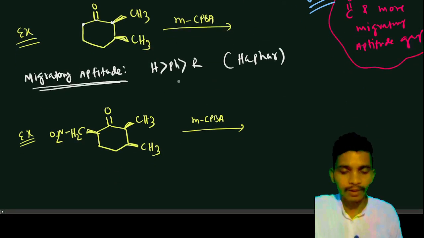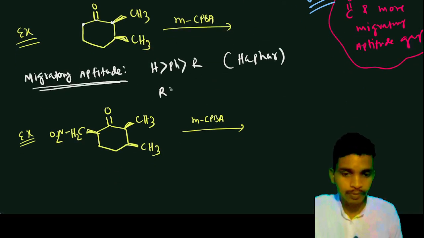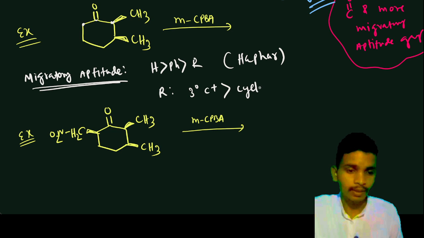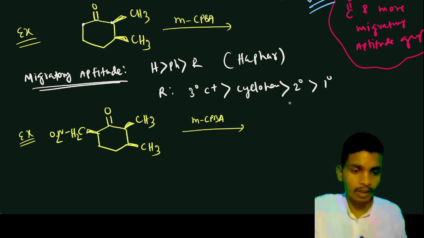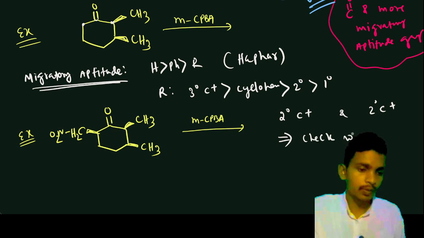Okay, now for alkyl groups, first is 3-degree carbocations, then cyclo groups, then 2-degree, then 1-degree. And if both are 2-degree carbocations, then in that case we check which is more electron rich.